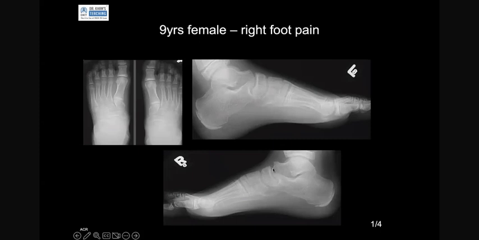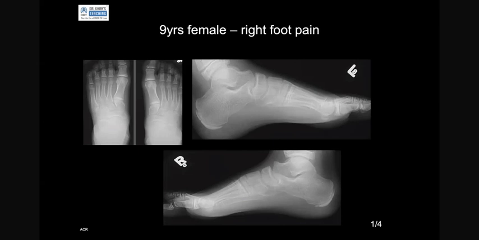Once you pick up talar beaking, then you have to have a clear-cut concept of what kind of coalition will be visible on which view. On plain films, this is where they are going to start. So the key point is that for calcaneonavicular coalition, the oblique foot X-ray is the best.